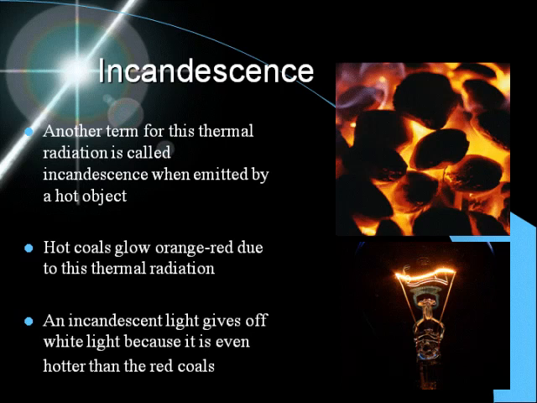Old, inefficient incandescent bulbs, the type that Thomas Edison invented or perfected, gave off, once again, this visible light, due to its temperature. So, again, these are good everyday examples of systems that glow because they're hot.